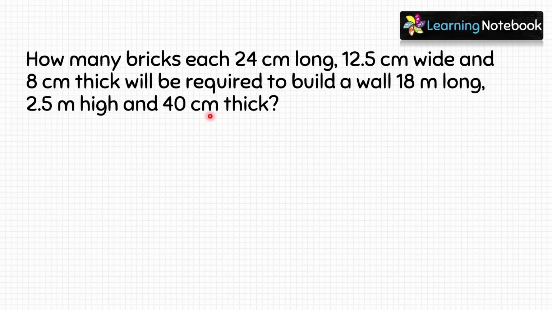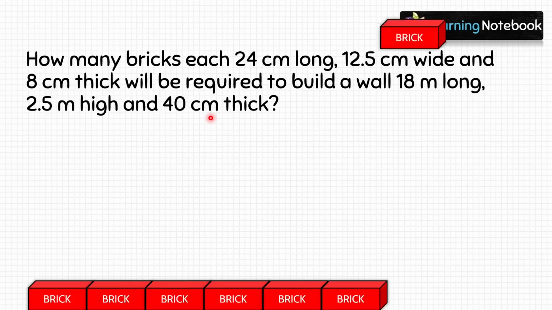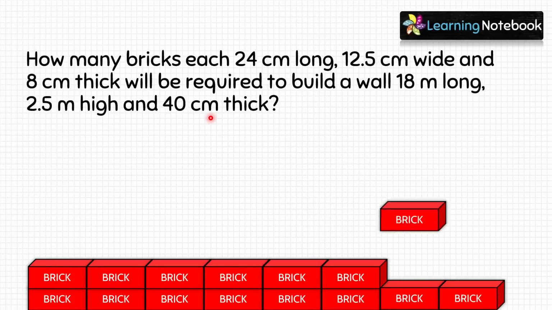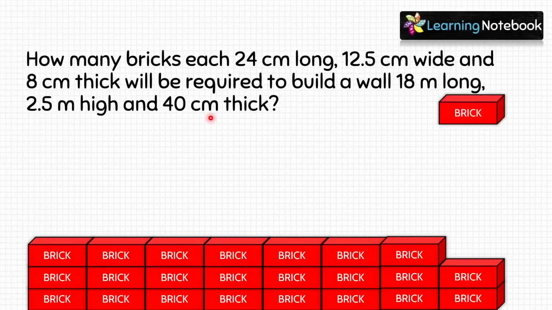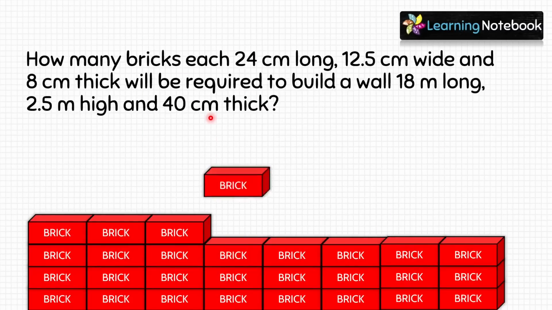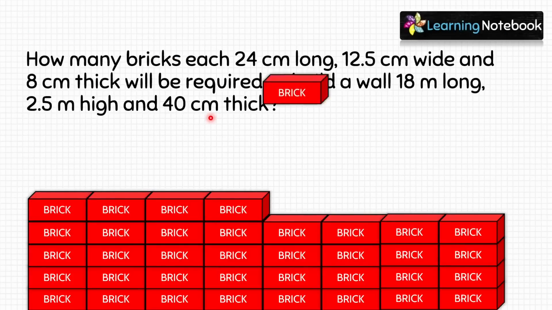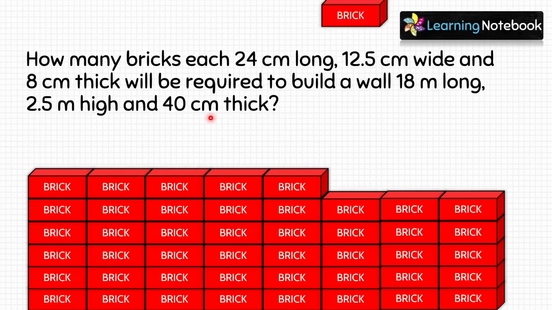So students, let's first understand this question. Here we have to build a wall of dimensions 18 meter length, 2.5 meter height and 40 centimeter breadth. And how do we build a wall? By placing bricks on top of each other.